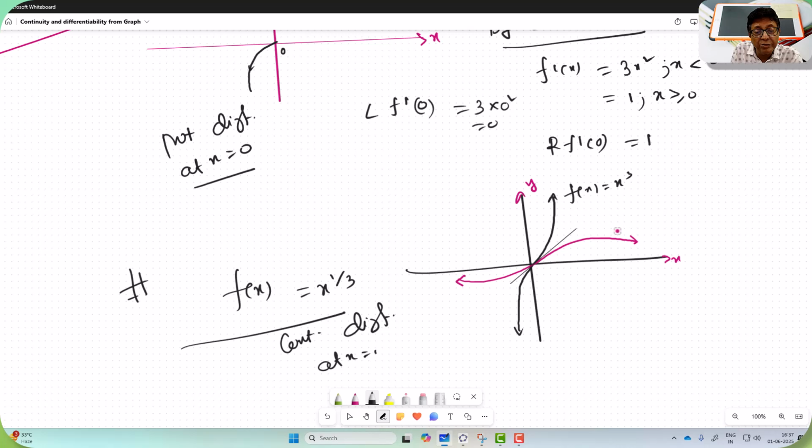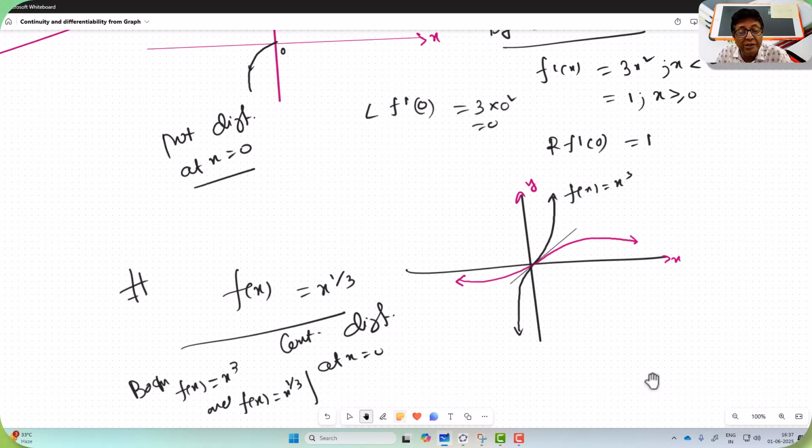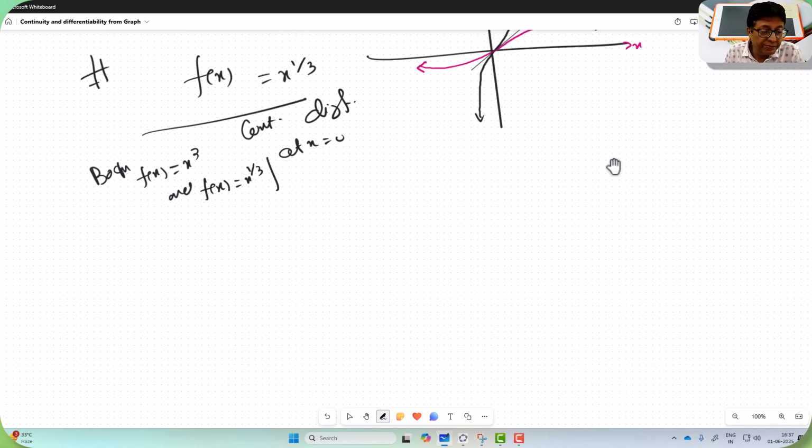Both f(x) equal to x cube and f(x) equal to x to the power 1/3: first, the graph is continuous. Second, we get the unique tangent over there.